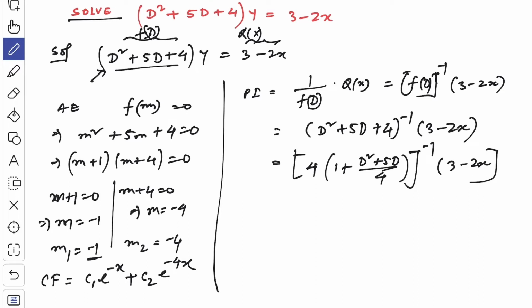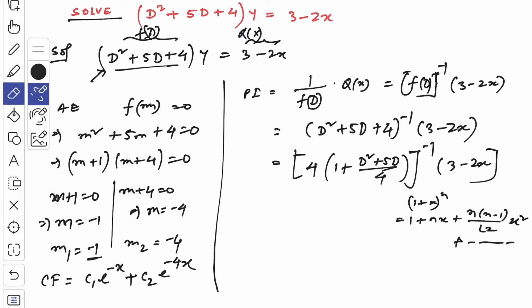If you expand using the binomial theorem, using this (1 + x)^n, that's equal to 1 + nx + n(n − 1)/2! x² + and so on. Using this expression, here you see the maximum power on x here is 1, isn't it?